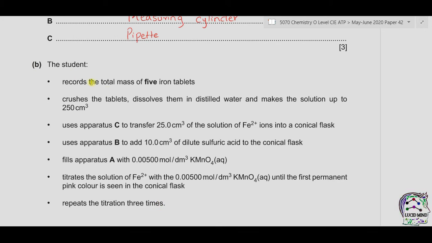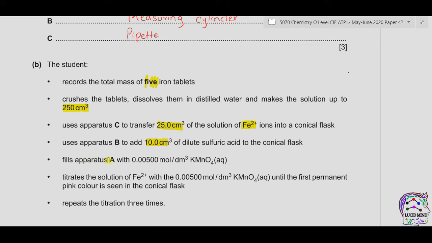Part B. The student records the total mass of 5 iron tablets, crushes the tablets, dissolves them in water and makes the solution up to 250 cm³. Then he uses apparatus C, which is pipette, to transfer 25 cm³ of the solution from this 250 cm³ of Fe2+ into the conical flask. Then he uses apparatus B, which is measuring cylinder, to add 10 cm³ of dilute sulfuric acid to the conical flask.